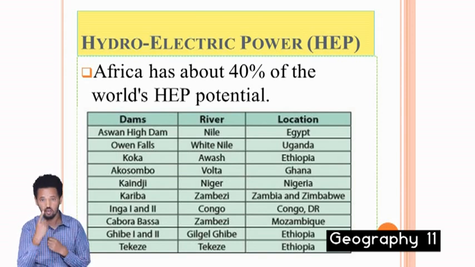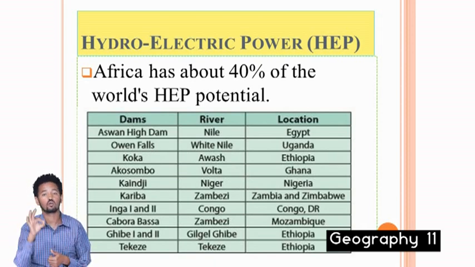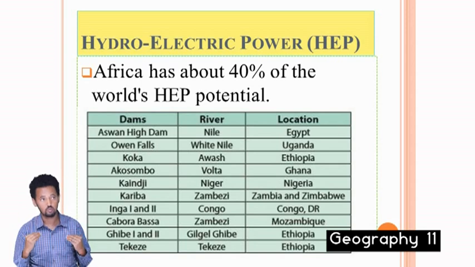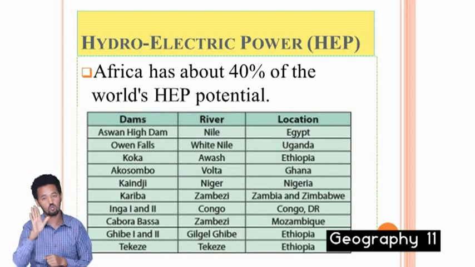Let us see the dams of Africa. Aswan High Dam, constructed over the Nile River, is found in Egypt. Owen Falls, constructed over the White Nile, is found in Uganda. Koga, built over the Awash, is found in Ethiopia.